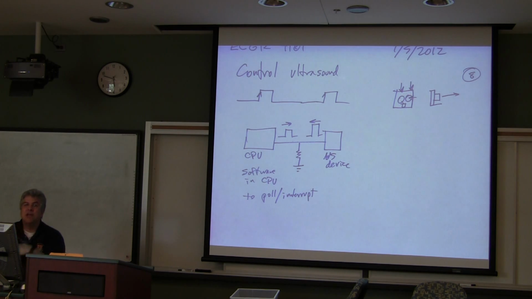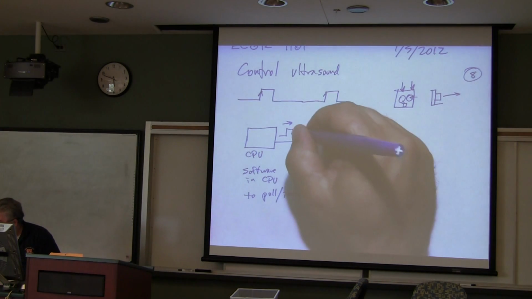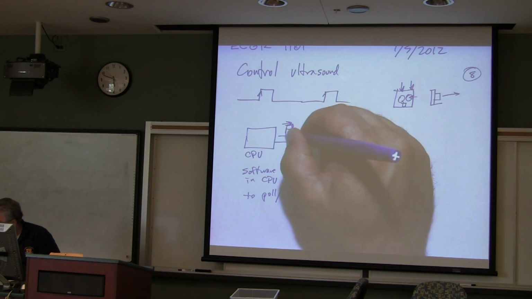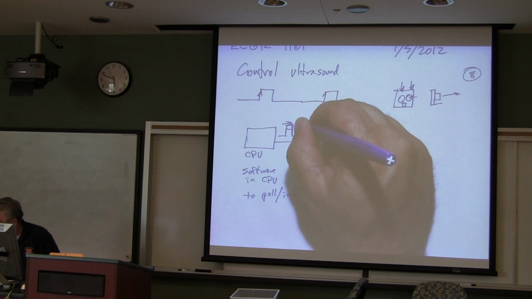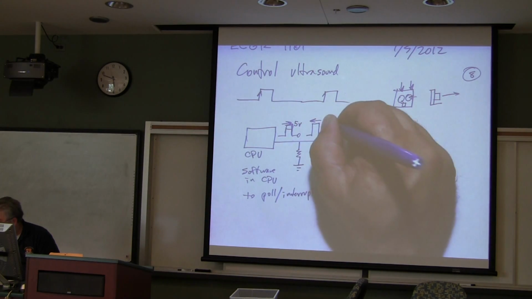So as you can imagine, how are you going to determine how far away something is? The difference in size or magnitude? Oh, I should say that these are the same size, the same voltage. This is going to be 0 volts, and this is going to be, let's say, 5 volts.